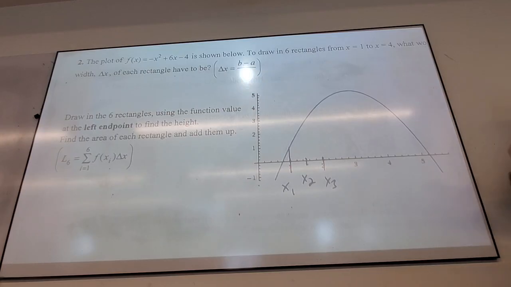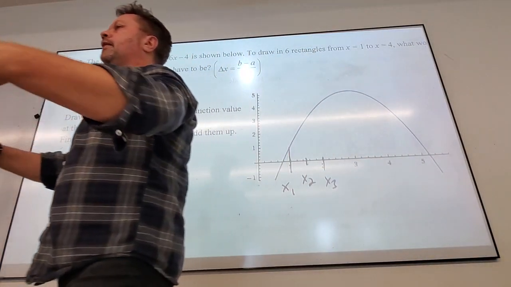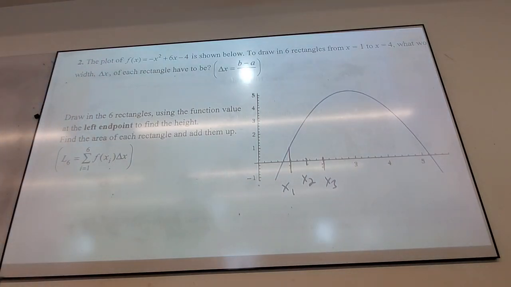So I'm trying to develop a general way to tell somebody else what to do. The first thing we did was figure out the specific inputs we need to use to get the heights, yes? We got the width, and then I could use that to figure out what the first rectangle starts at, what the next rectangle starts at. Are you guys with me?